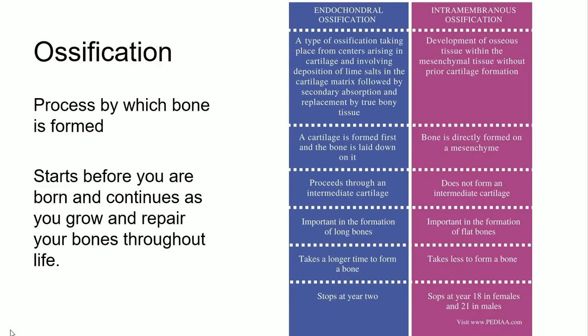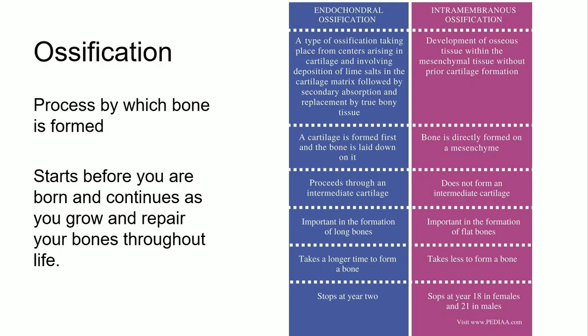All right, ossification, process by which bone is formed, aka bone formation. So this starts before you're born and it continues as you grow and repair your bones throughout your life. So we have two different types. We have endochondral ossification and intramembranous ossification. Again, ossification, bone formation. So first, endochondral, let's break that up.